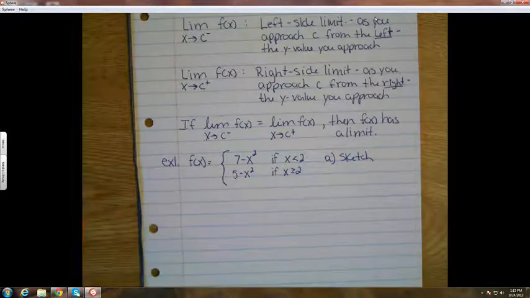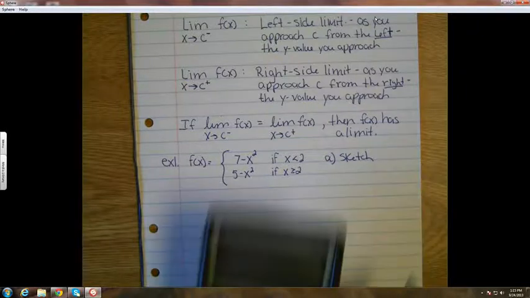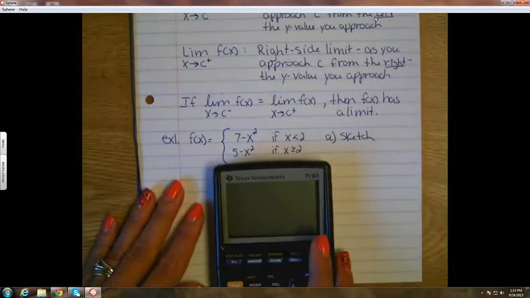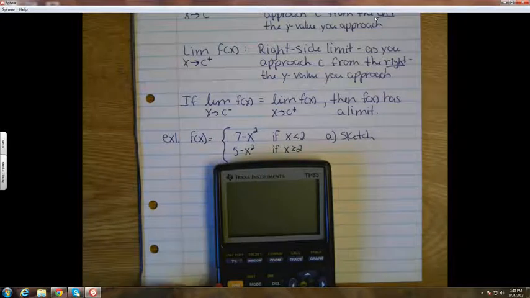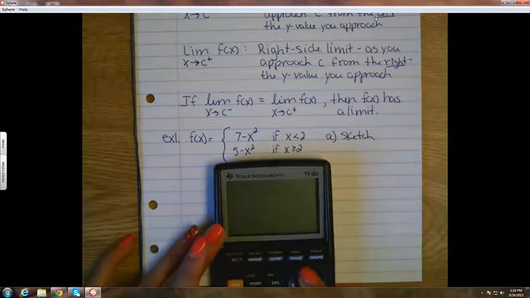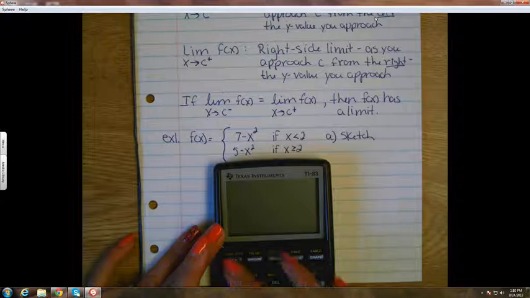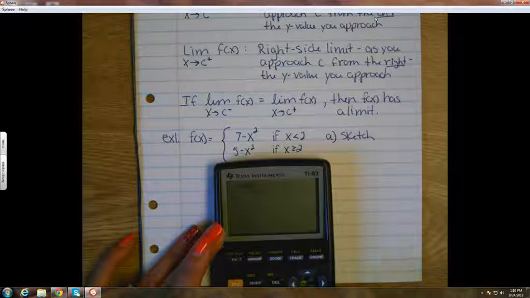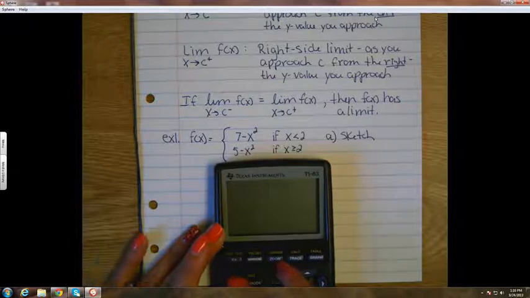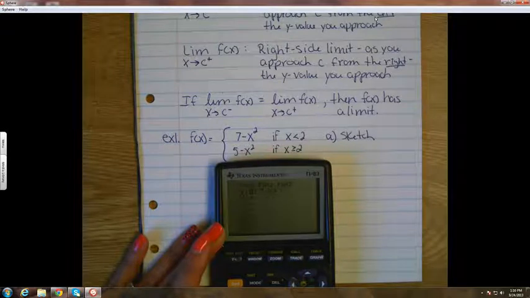So, we've got y equals, turn off that stat plot. Turn that off, clear that out. Let's turn this up a little bit. There. The equation has to be in parentheses, 7 minus x squared, divided by the domain, x, under test, you've got the less than 2.